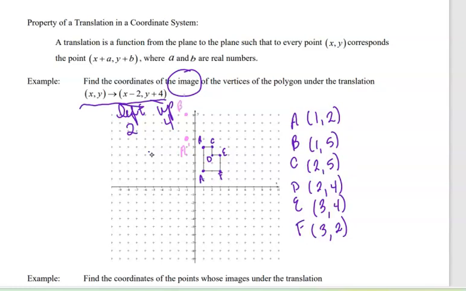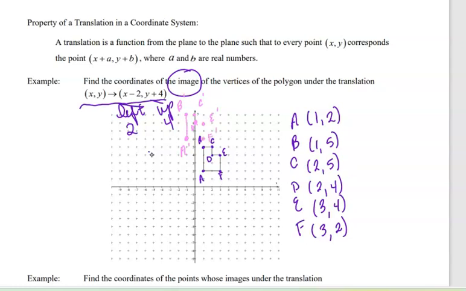C, we're going left 2, up 1, 2, 3, 4, giving me C prime. D, left 2, up 1, 2, 3, 4, that's going to be D prime. E, left 2, up 1, 2, 3, 4, giving me right there E prime. And then F, left 2, up 1, 2, 3, 4, and that's going to be F prime.